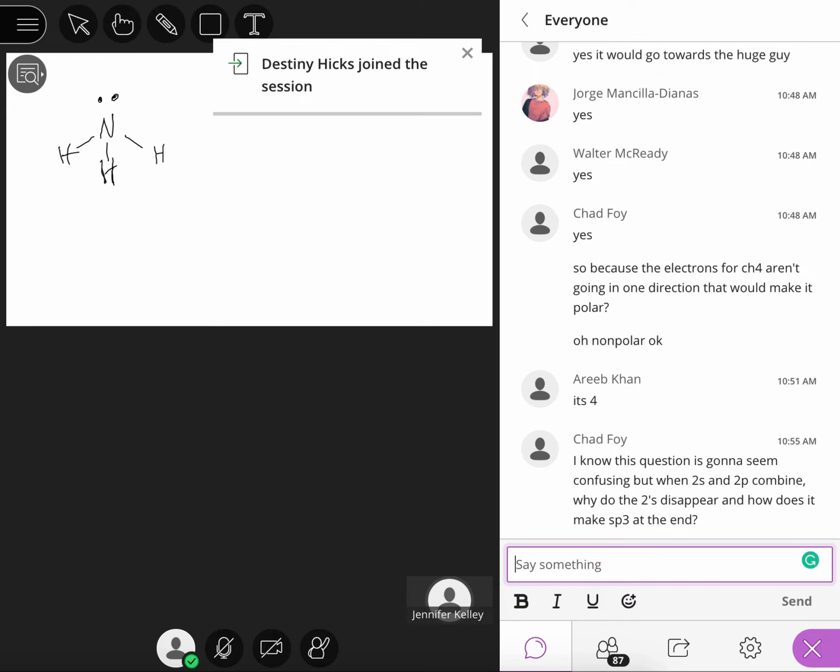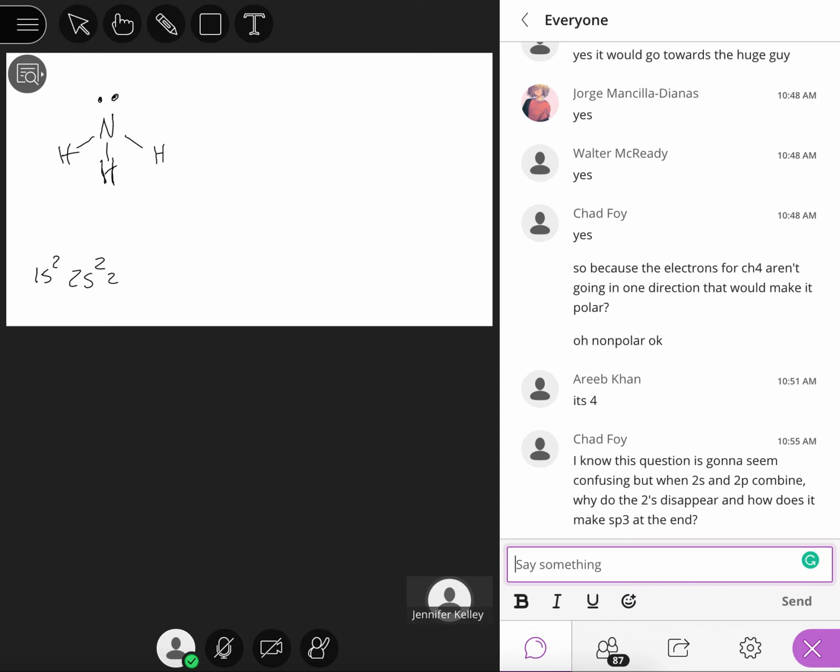All right, so looking at this, nitrogen has a total of 7 electrons. So it's 1s2, 2s2, 2p3. Okay, so it looks like it would only make 3 bonds.